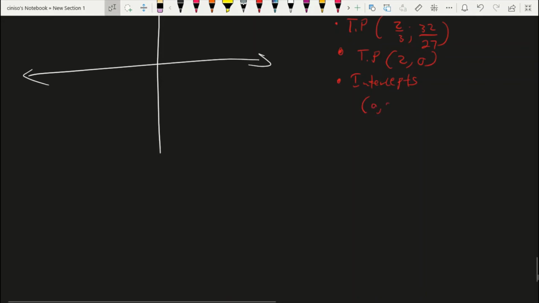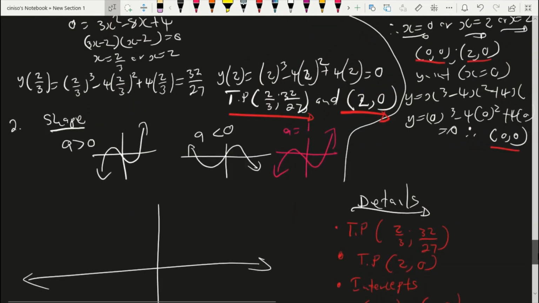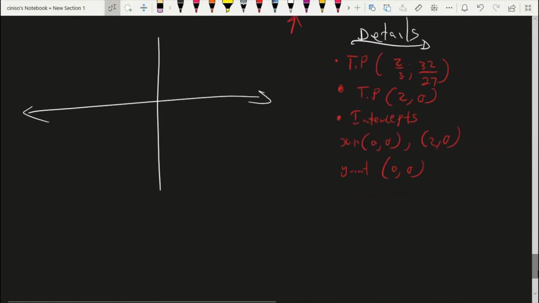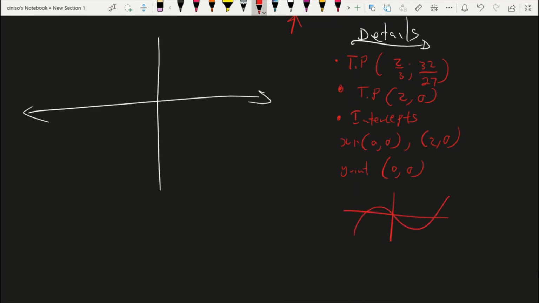So you have 0 and 0, and 2 and 0 as your x-intercepts. Then your y-intercept, you have 0 and 0, right? So it's very important. And remember, looking at this, you know the shape of a cubic function. So now you know that it's an increase, decrease, and increase. So you know that it looks like this.